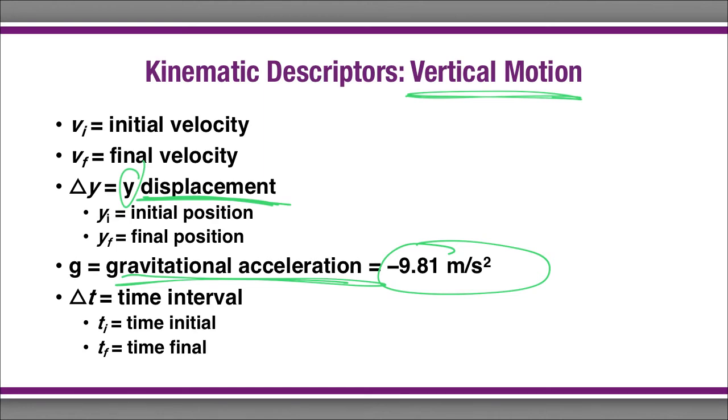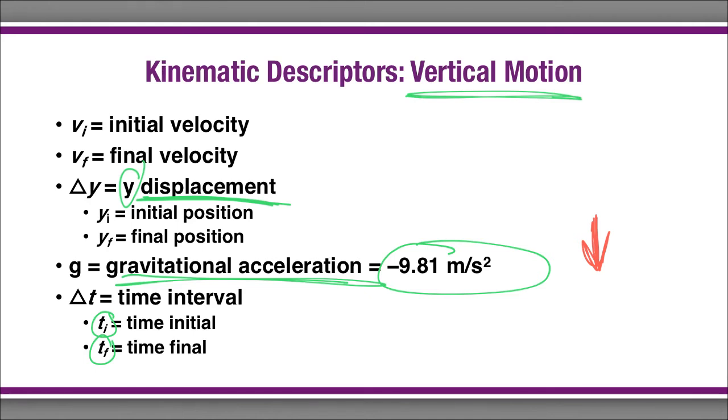The reason it's negative, hopefully you should have picked up on this already, is because the acceleration due to gravity should always be pulling objects down. Okay, and then delta t is going to be your change in your time interval, and it could be time f minus time i.